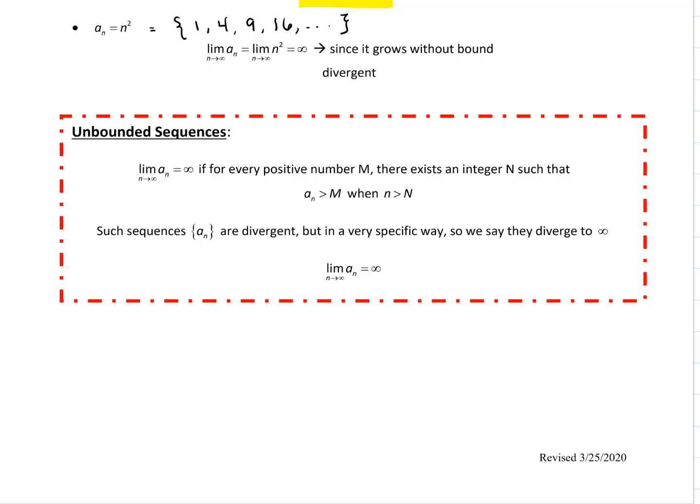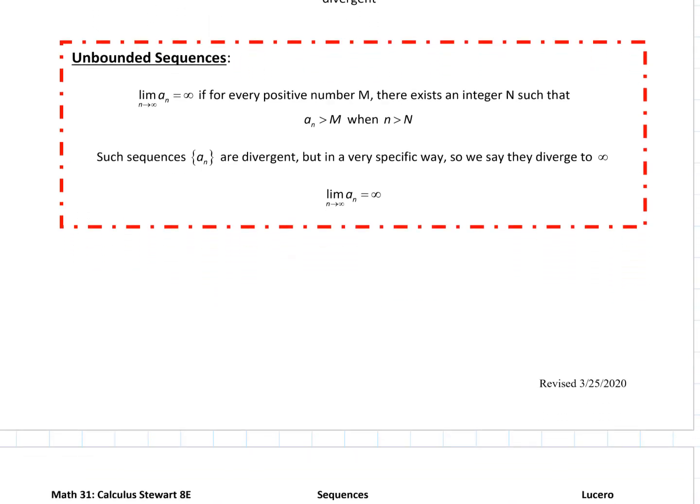So we still say that's a divergent sequence, but it's divergent in a really specific way. Just like with limits, we can capture that type of behavior with infinity or negative infinity. We can capture that behavior in a sequence by saying that the limit as n approaches infinity of the terms a sub n is infinity.